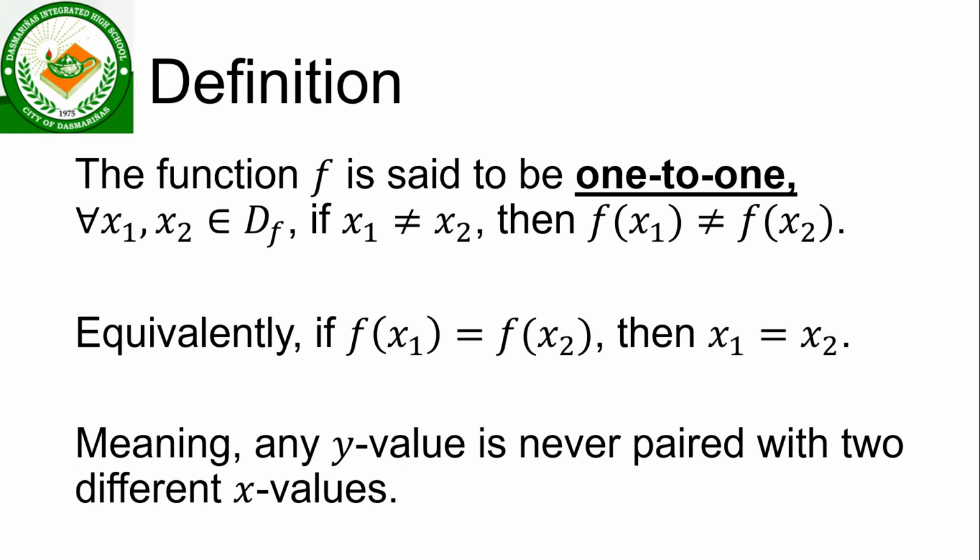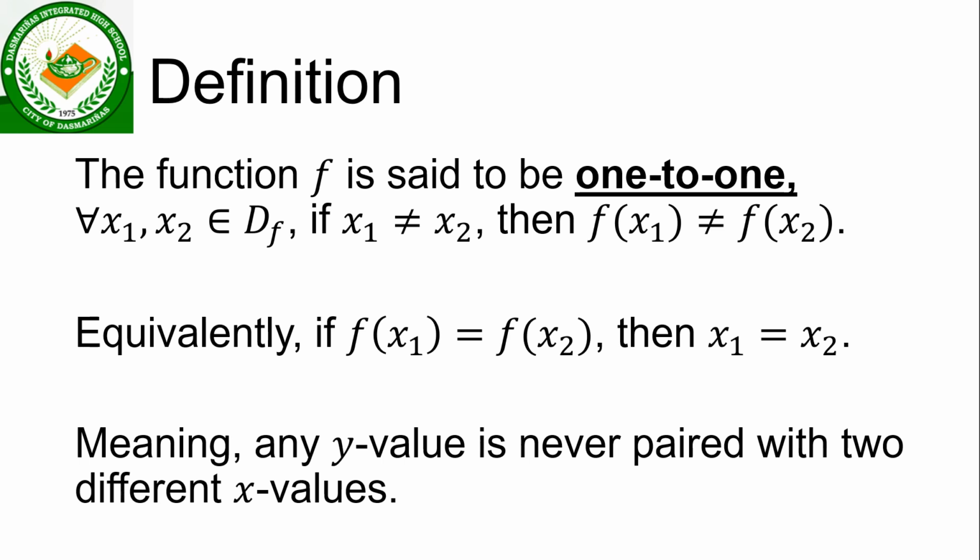It is equivalent to say that if f of x sub 1 is equal to f of x sub 2, then x sub 1 is equal to x sub 2. Meaning, any y value is never paired with two different x values.